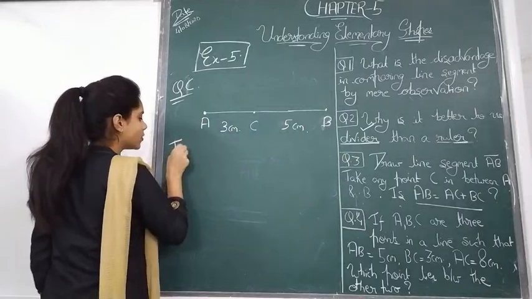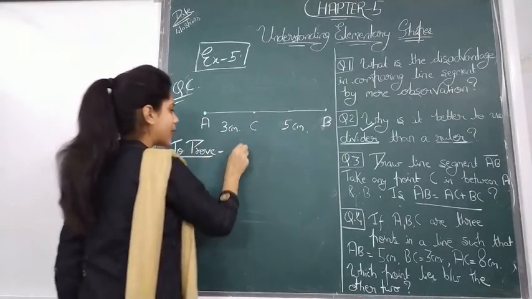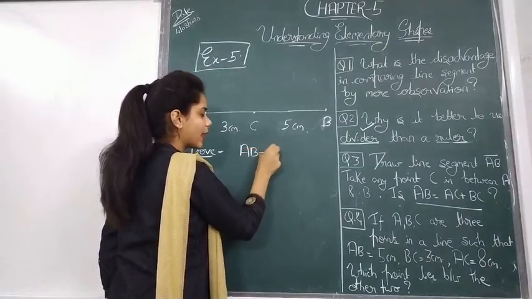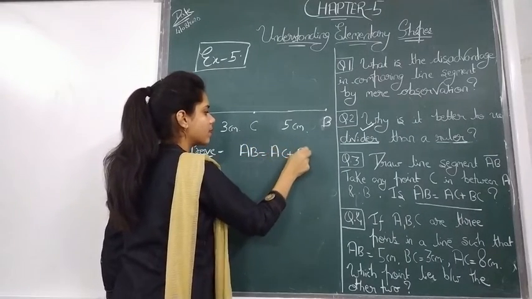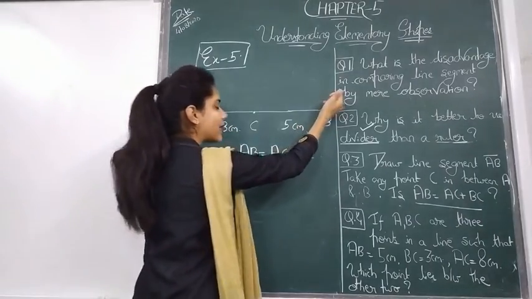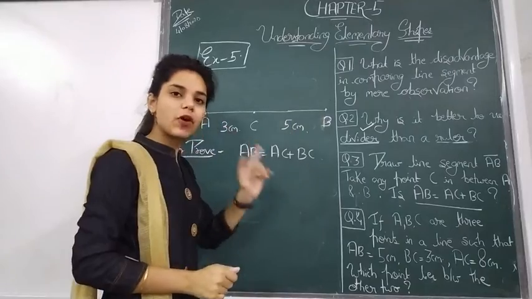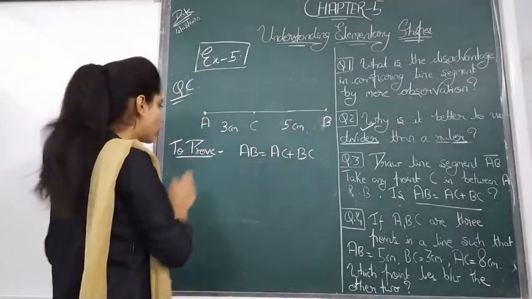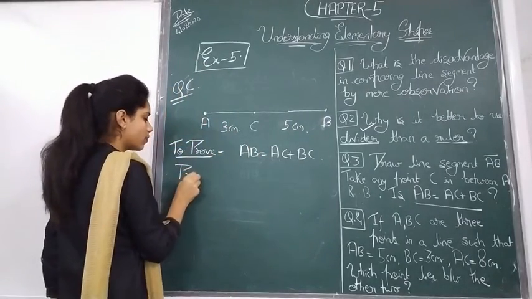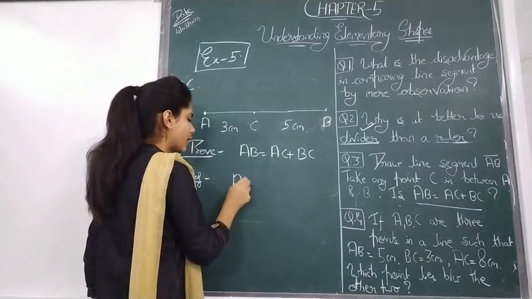We have to prove that AB equals AC plus BC. AB equals means this big length equals the sum of the smaller lengths. This we have to prove. So first of all, take this AB.